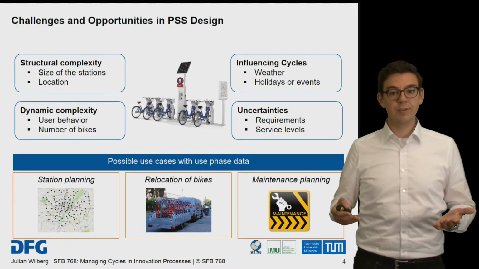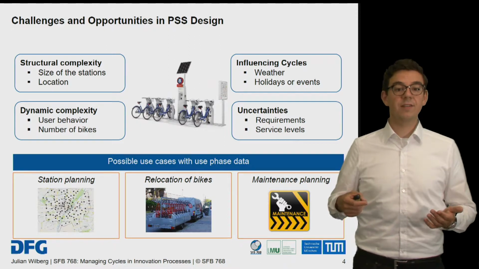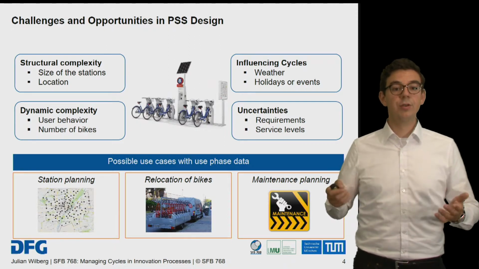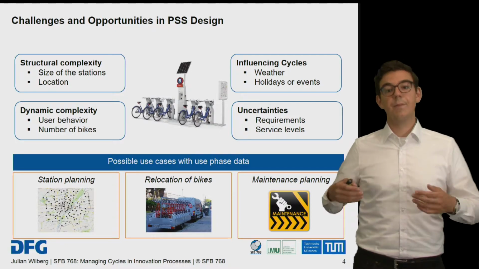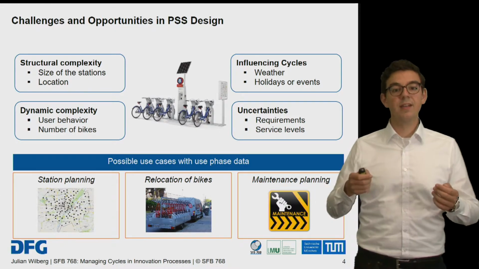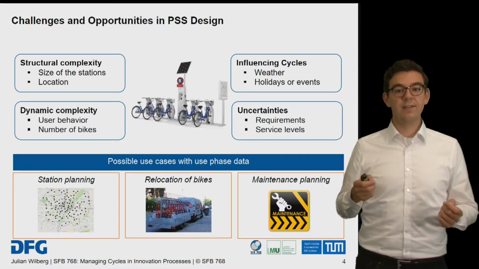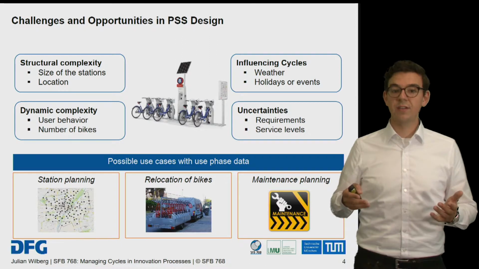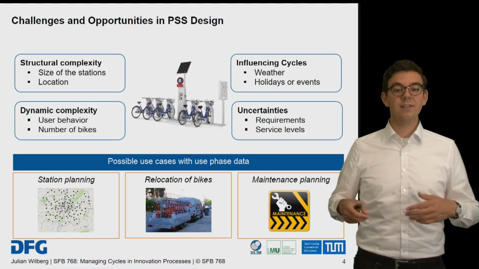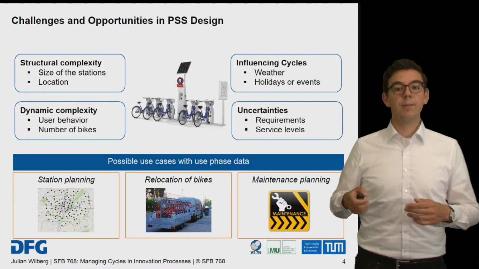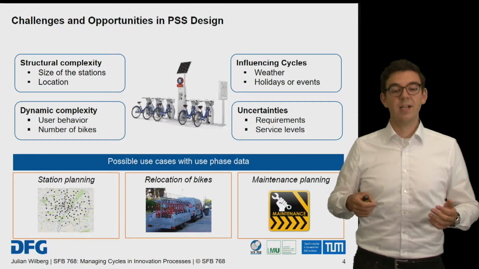Looking into possible use cases to take advantage of use phase data in designing a bike sharing system, data can help to identify the optimal location for bike stations based on user flows, demand, and points of interest. Looking at cycling influences, the optimality of the station distribution might be time dependent. For example, large-scale events might make a temporal change in station layout necessary.